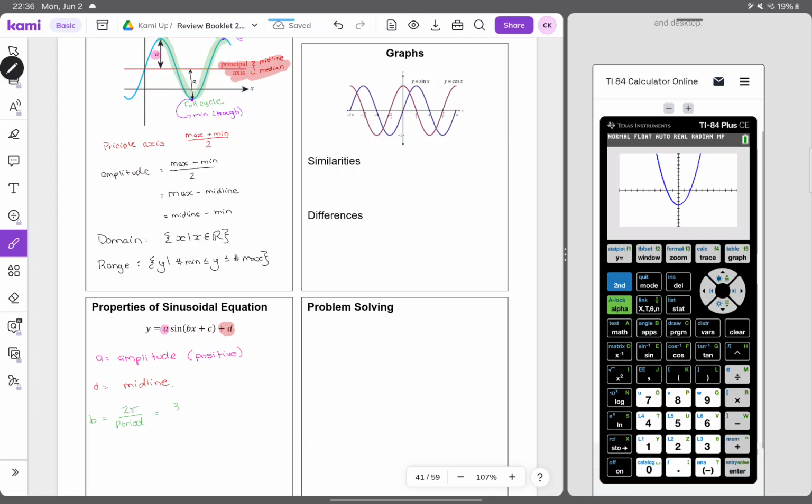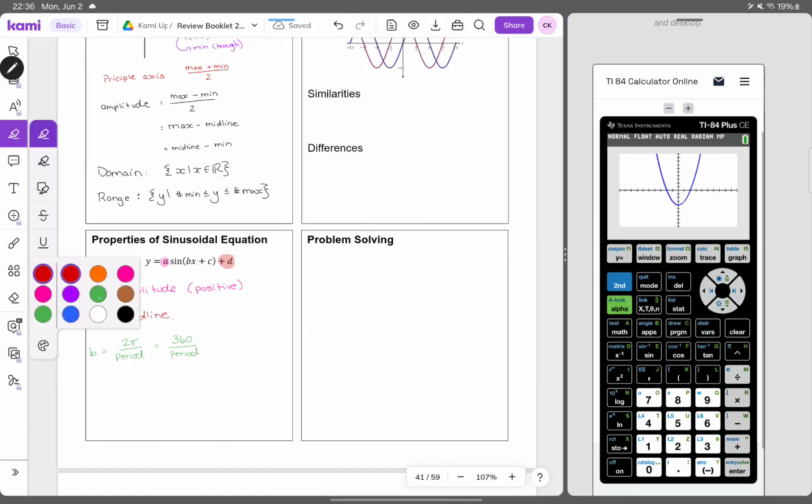If we're in degrees, it's going to be 360 divided by whatever our period is. So our period never goes directly into our sinusoidal equation. We always have to calculate our b value using our period.